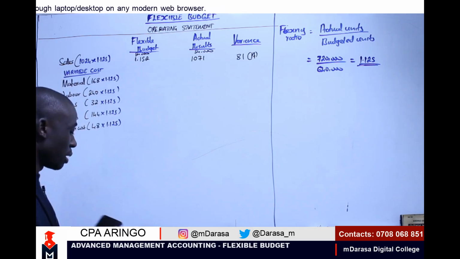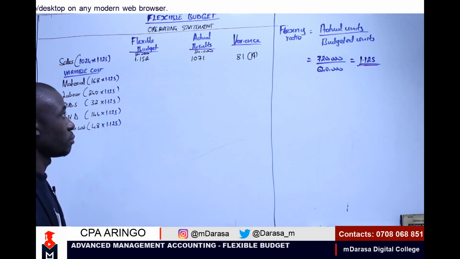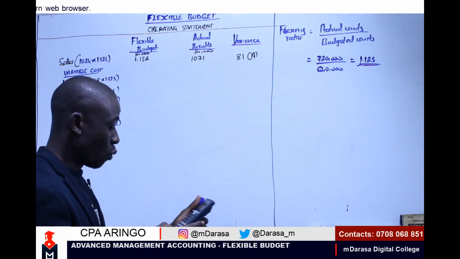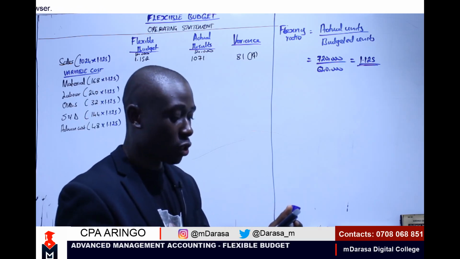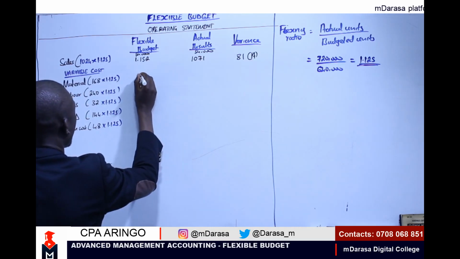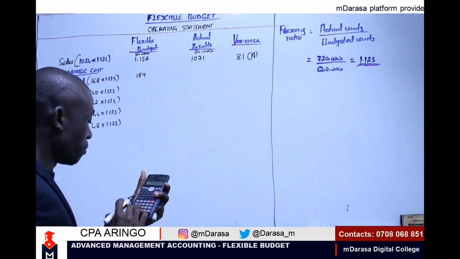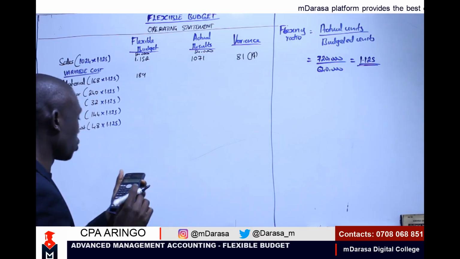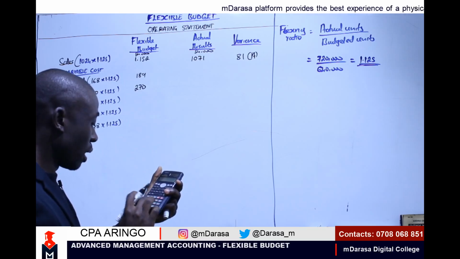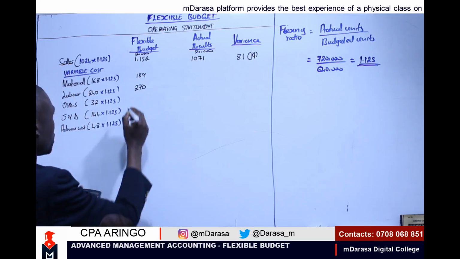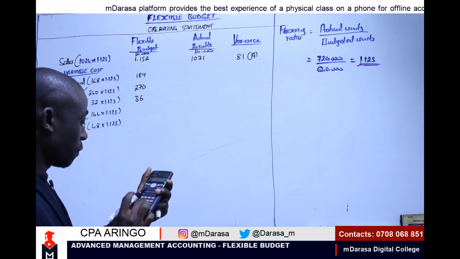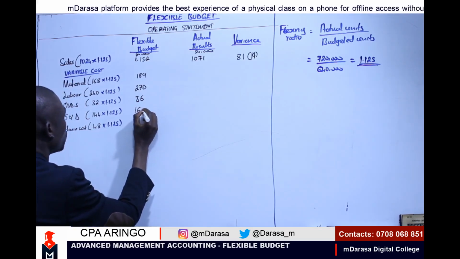So our flexible budget in relation to variable cost, we should be talking of how much? The first point, I'm going to take 168, we multiply by 1.125 to give us 189. 240 by 1.125, I should be talking of 270. 32 by 1.125, I should be talking of 36. 144 by 1.125, I should be talking of 162.